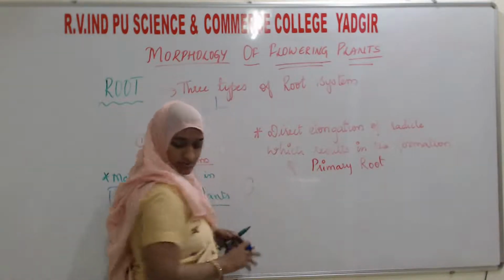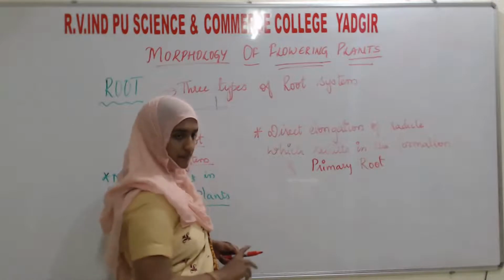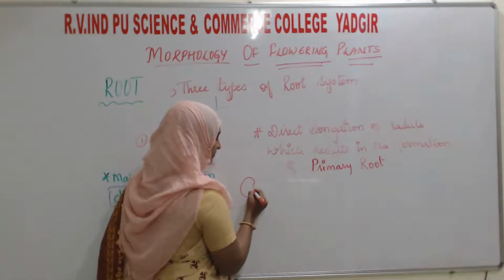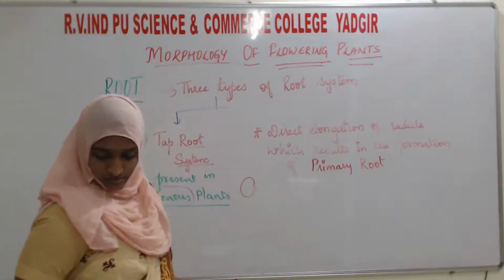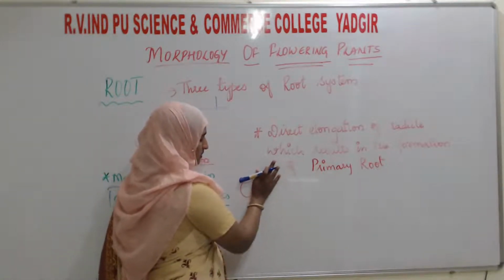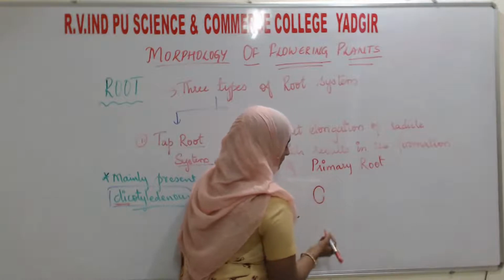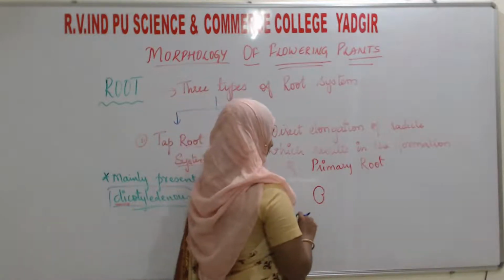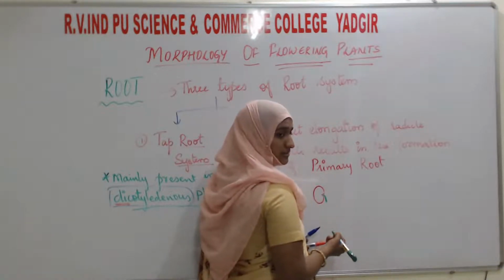After germination, from the seed a small radicle is going to arise, the small root.